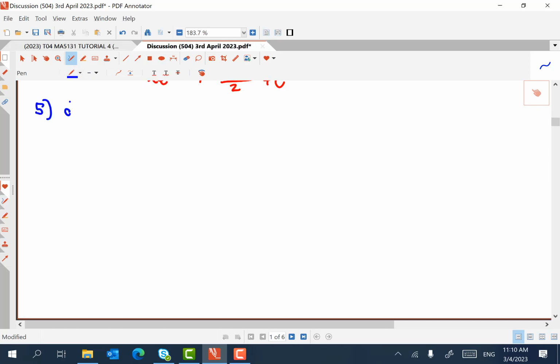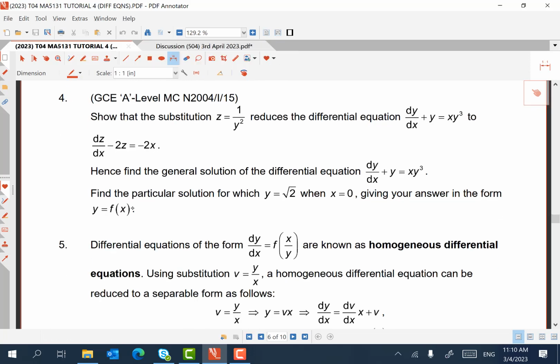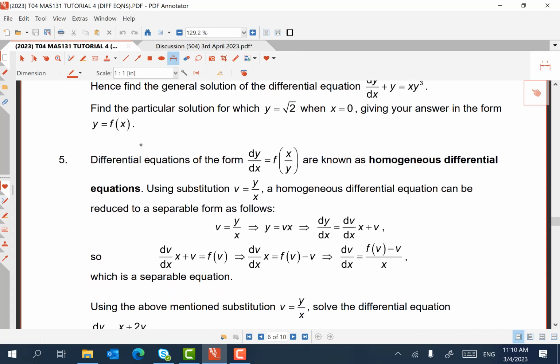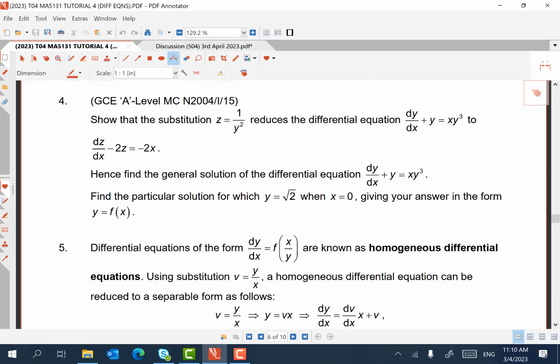The equation is dy dx equals to x plus 2y.